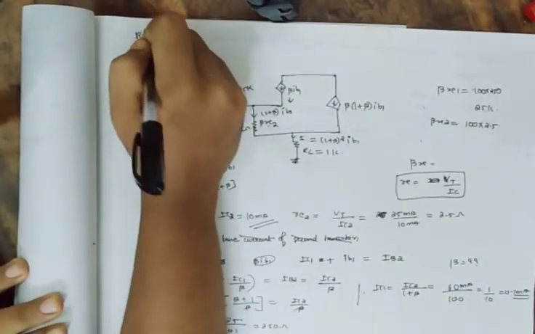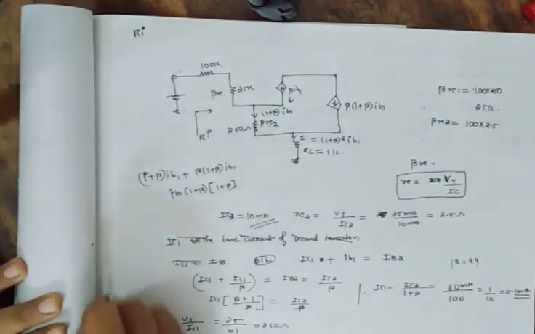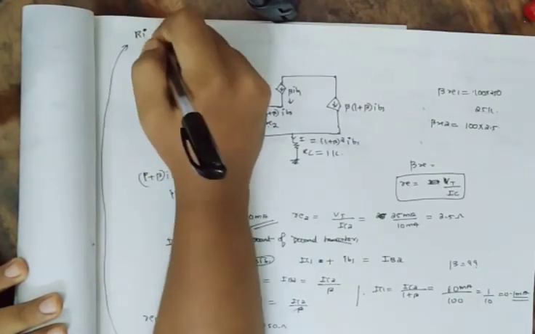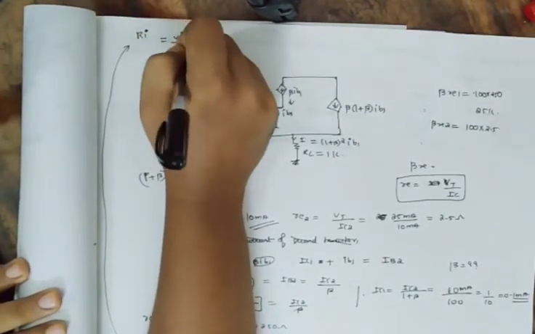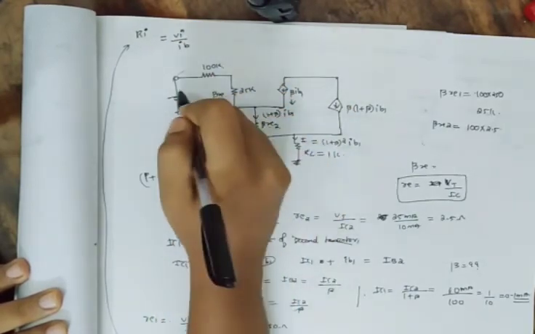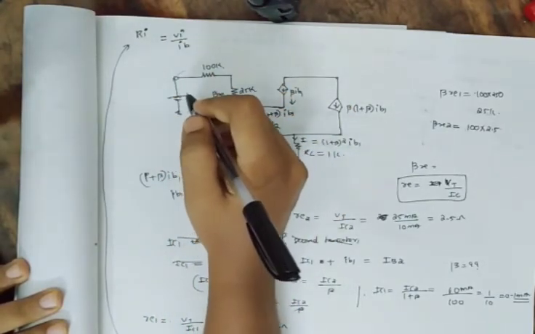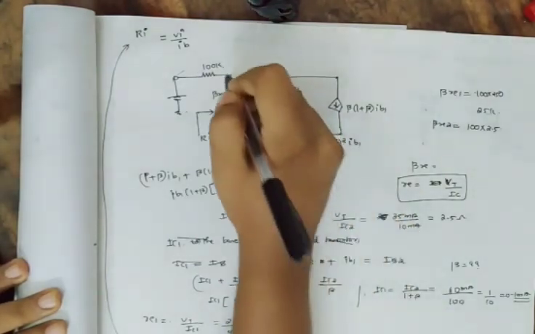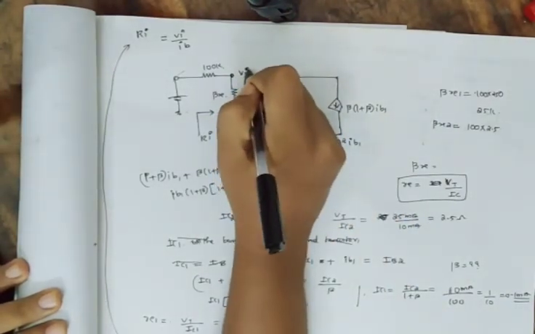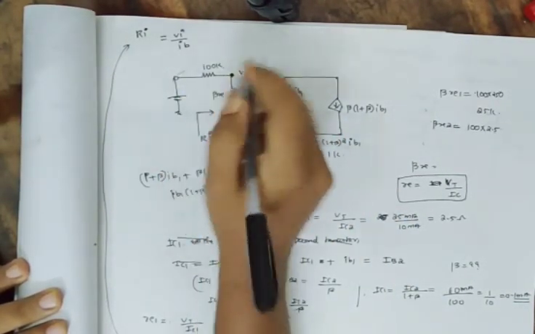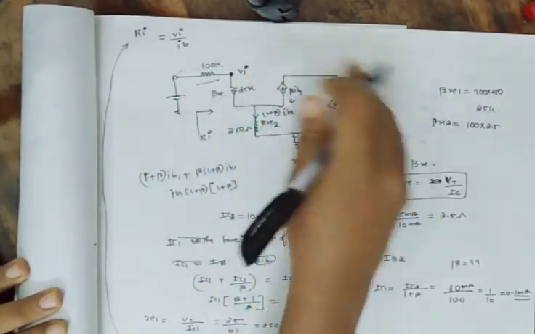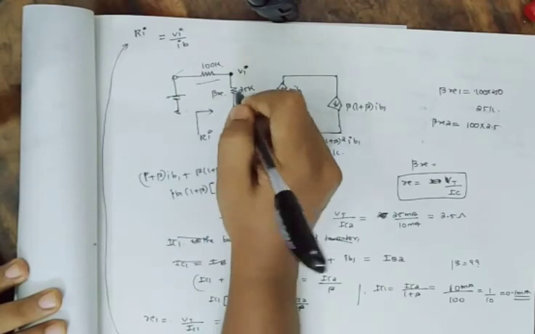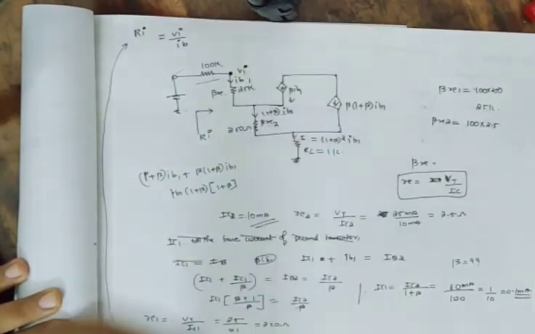Okay, so RI equal to VI divided by IB. Okay, so this one is our VI. What is VI? This is when it is starting. Okay, these are source, terminal and all. This is the Darlington pair. So VI divided by IB1.